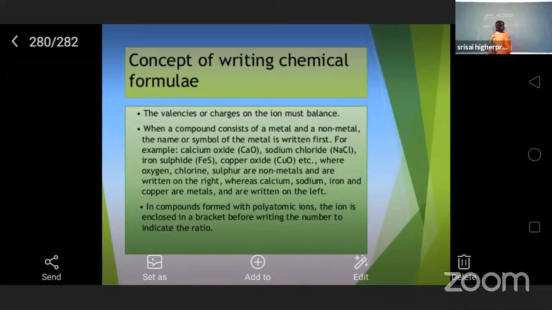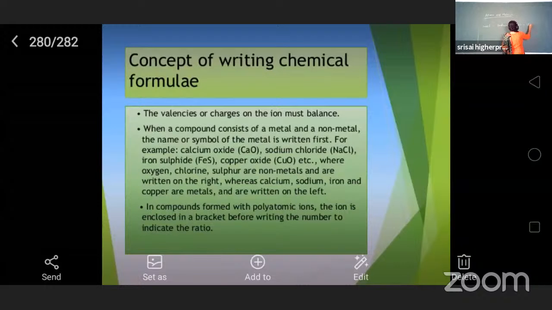So what is the atomic number of sodium, students? Sodium is 11.